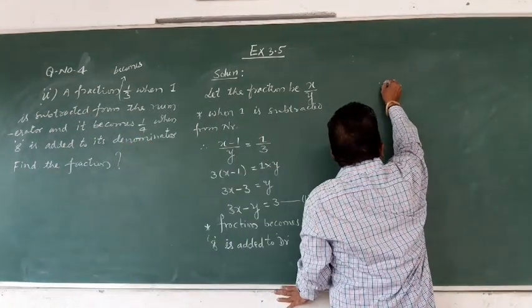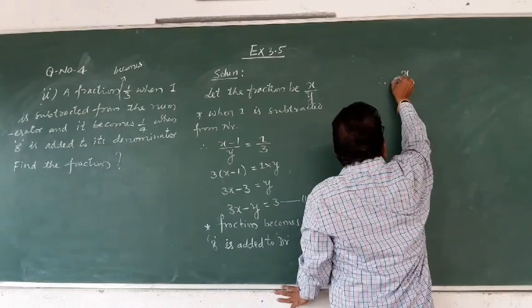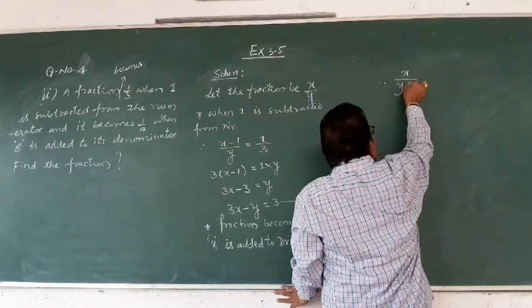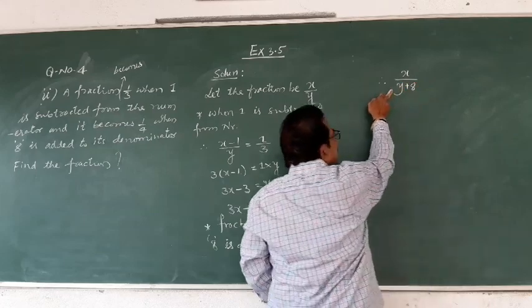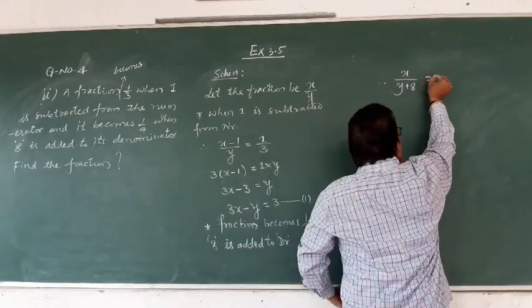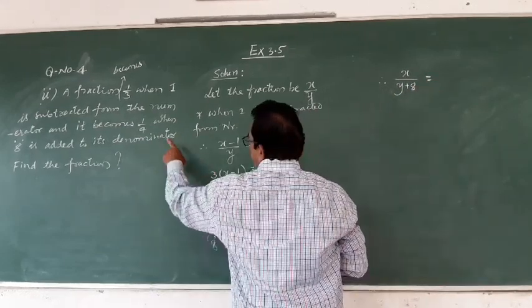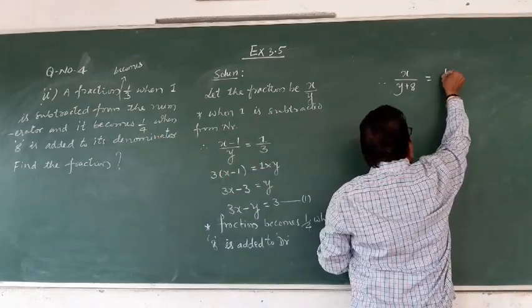Therefore, x divided by y plus 8 equals 1 by 4, where y is the denominator.